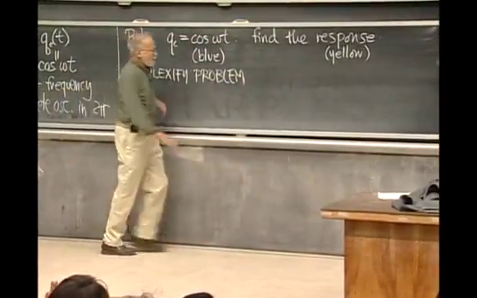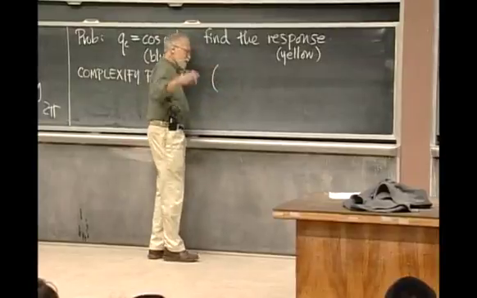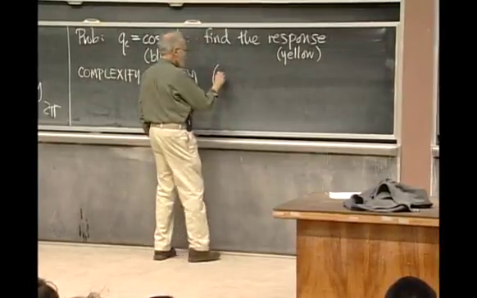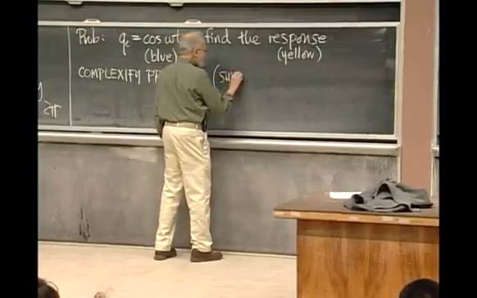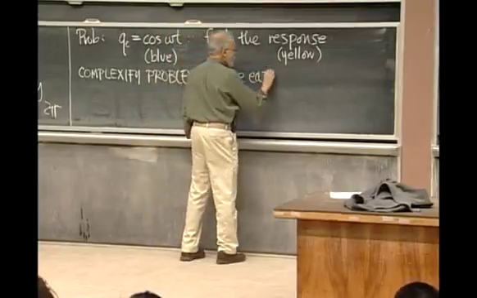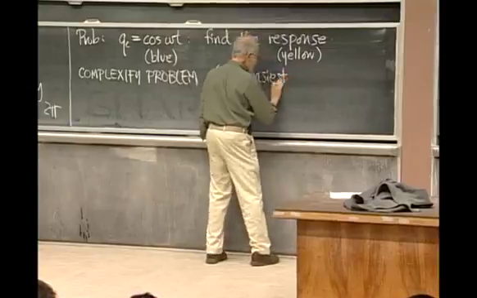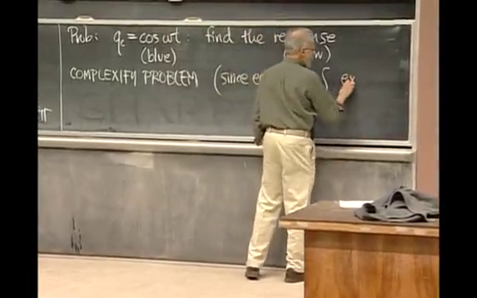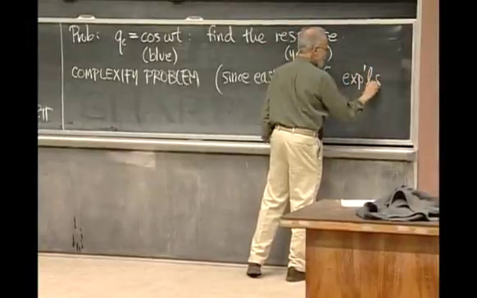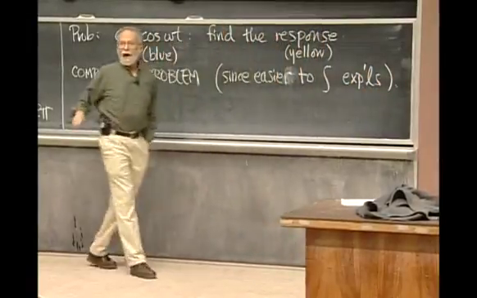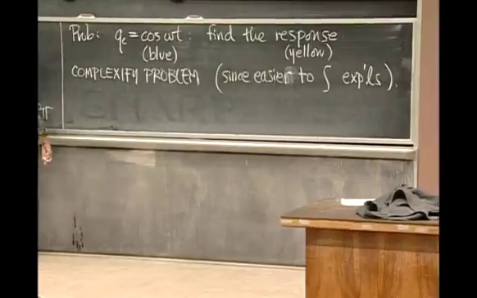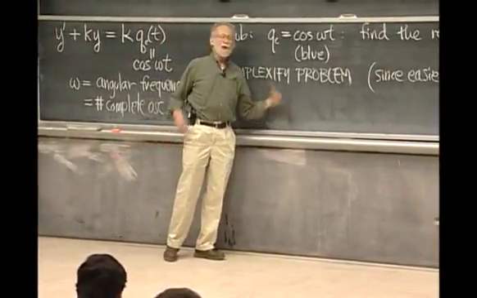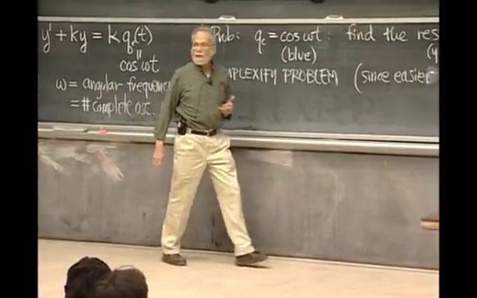So complexify the problem. The notes don't say this; I realized after writing them that since it's easier to integrate exponentials, we should change the trigonometric functions into complex exponentials simply because the work will be easier to do.